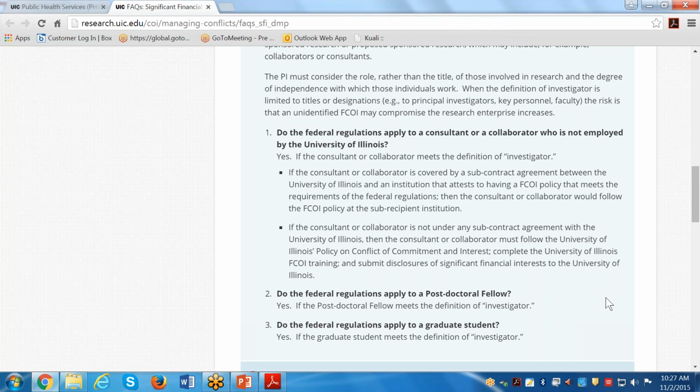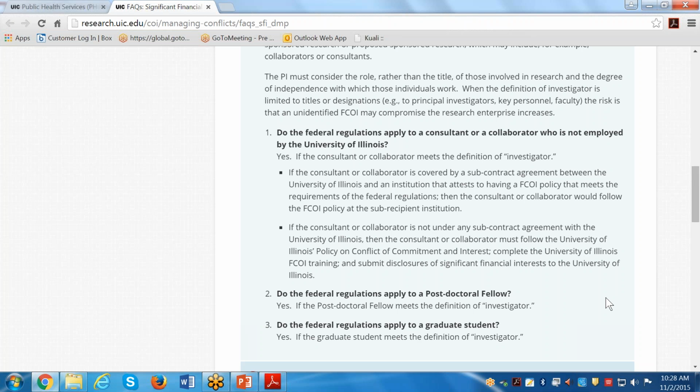If they are a consultant or collaborator, but they're not under any kind of subcontract agreement, they're really doing that on their own free decision. They might be associated with another university, but they're really doing it as an independent consultant. And so they would need to be in compliance with the University of Illinois' policy on conflict of commitment and interest and do our disclosure and training process.